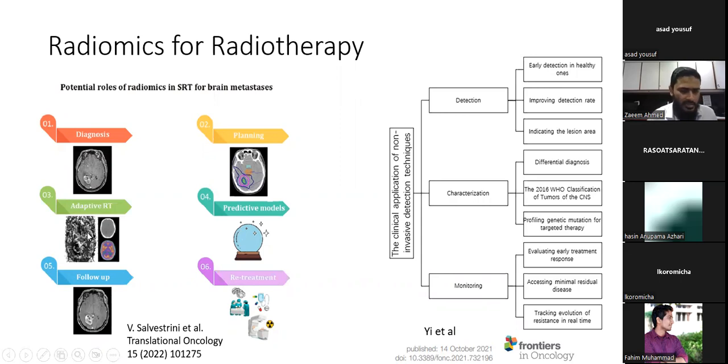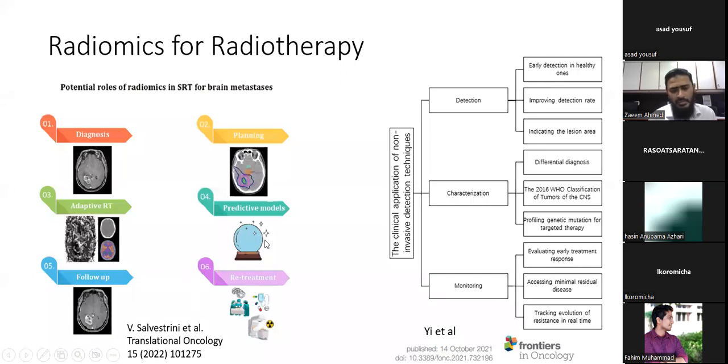Early adoption is quite possible with radiomic studies, and there are many radiomic studies in the brain which can predict the adoption on the basis of significant radiomic features, so that multiple plans can be made early to save time.